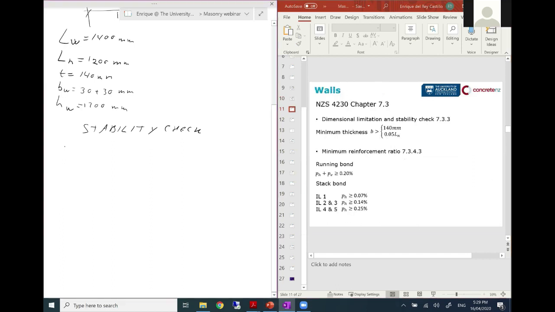So basically my thickness has to be larger than either 140 millimeters or 0.05 LN, and this is equal to 60 millimeters. So my B is equal to T, which is 140 millimeters. So we are good.